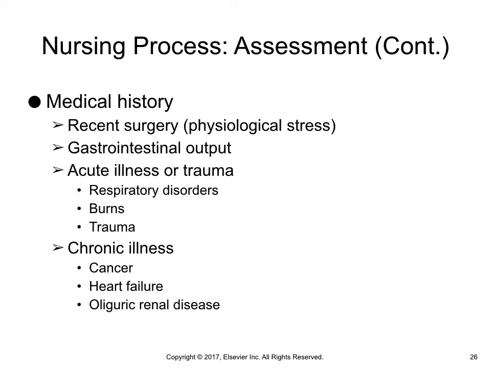Patients who are very young or very old, whose intake and output of fluid and/or electrolytes are not equal, and those who have various chronic diseases or trauma, are at high risk for fluid, electrolyte, and acid-base imbalances. Surgery causes a physiological stress response, which increases with extensive surgery and blood loss.